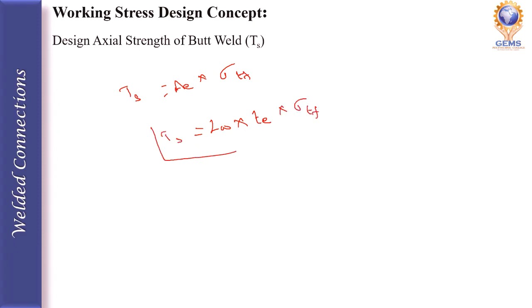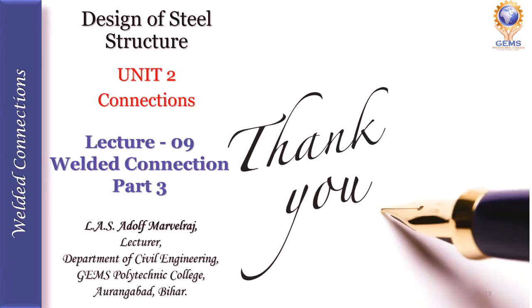So this is the design axial strength of butt weld in the working stress concept. In this video we covered the design procedures and the specification of fillet weld and butt weld. In the upcoming videos we will see the problems related to the fillet weld. Thank you.